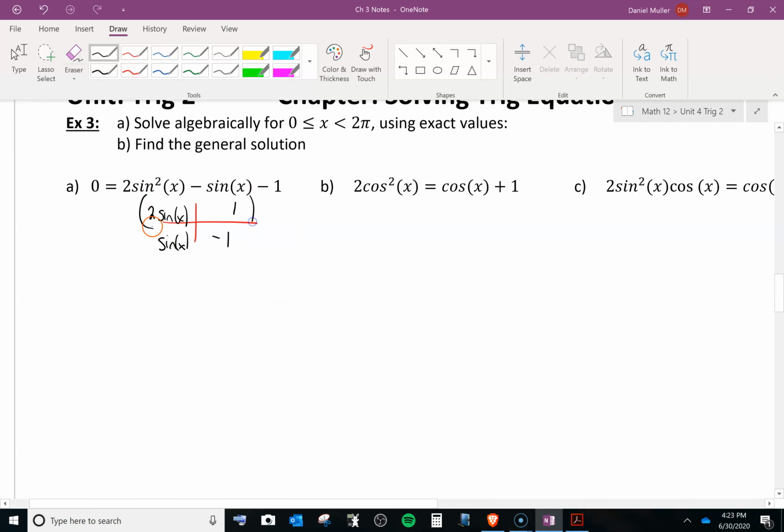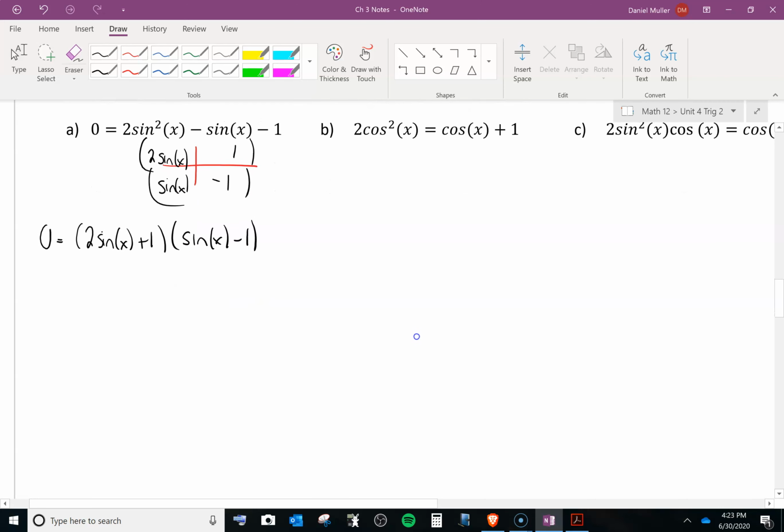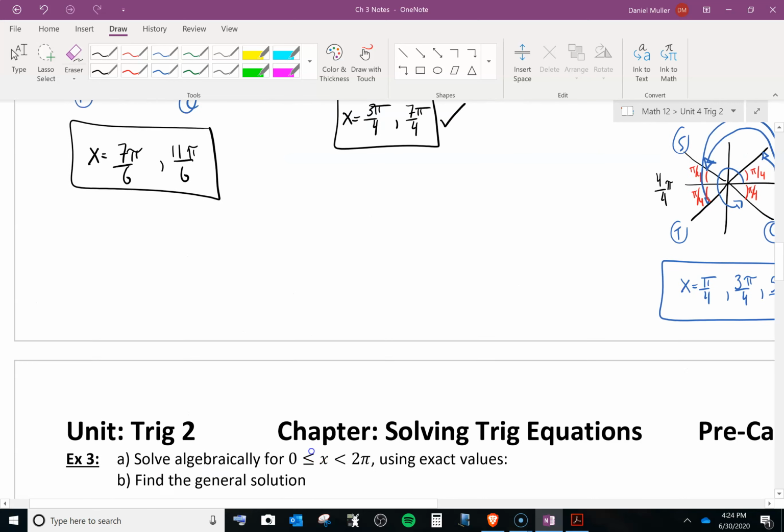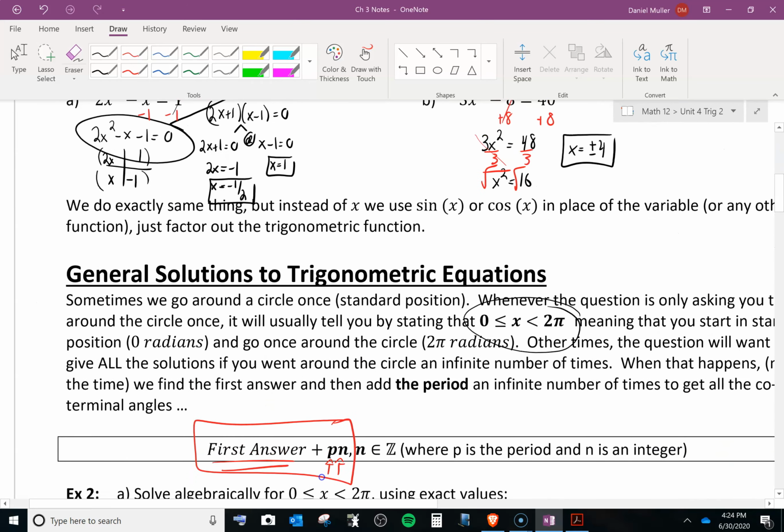So once you've factored it, you can write it down. You have 0 equals 2 sine x plus 1 and sine of x minus 1. Now these are really long questions, just so you know. They're very, very time consuming. So you can have 2 sine of x plus 1 equals 0, or sine of x minus 1 equals 0, which is what we had up here when we first did this question.